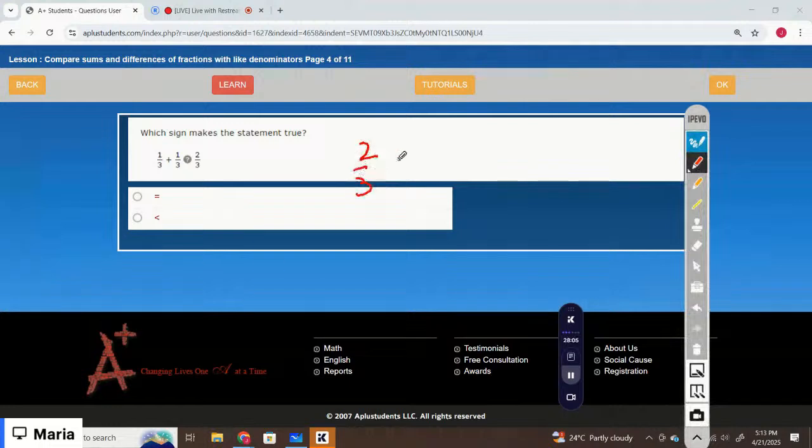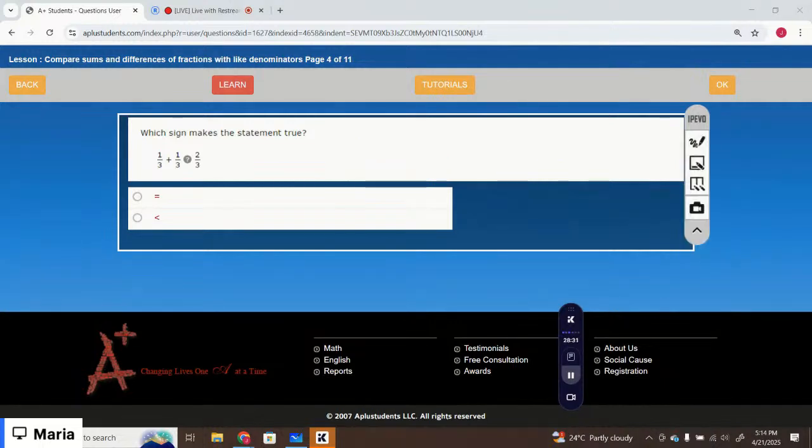That is 2 by 3 and 2 by 3. 2 by 3 is equal to 2 by 3. So both sides are exactly equal. Okay, you can complete the lesson by yourself every day. Let me just move on to the next lesson.